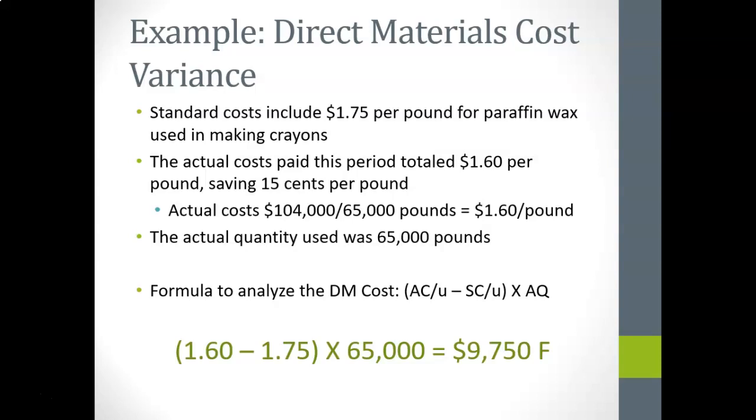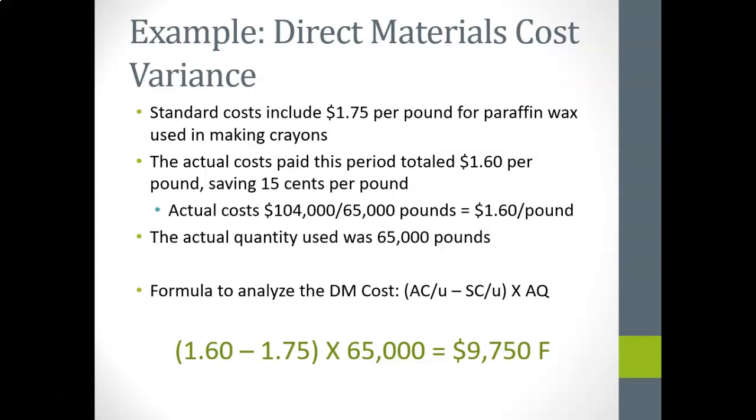The actual cost was $1.60. We got that by taking the actual cost of $104,000 divided by the 65,000 pounds, and we got $1.60 per pound. That's what we actually paid per pound. The actual quantity we used was 65,000 pounds. So we now have everything we need to be able to plug into our formula.